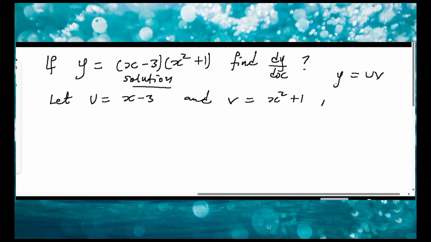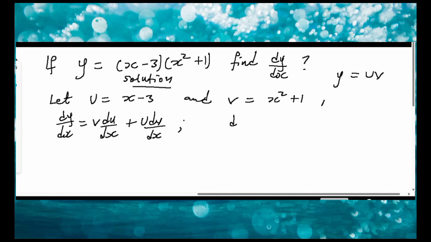So this one is currently in our format, and given y is equal to uv, the product rule says that dy/dx should be equal to v du/dx plus u dv/dx, right? So given this, we already have our u and our v, then we need to find du/dx and dv/dx, right?